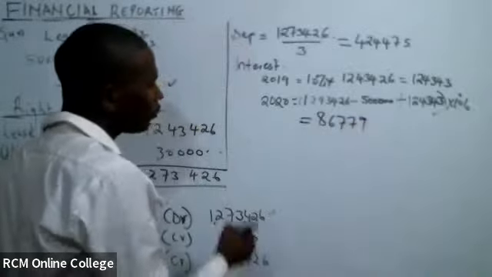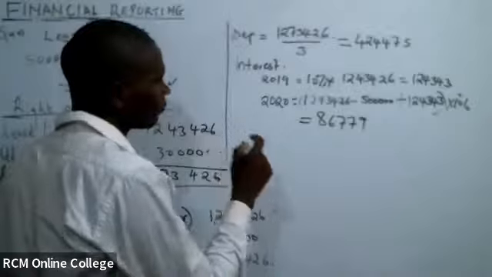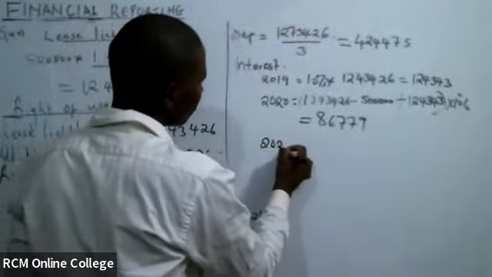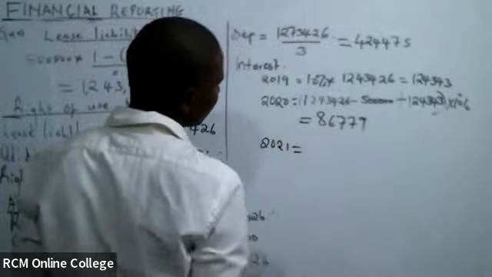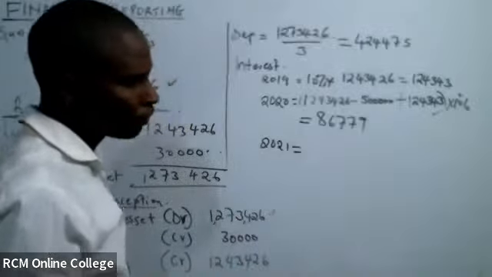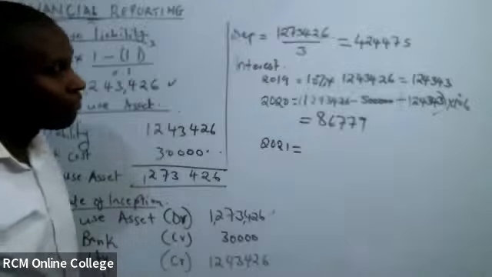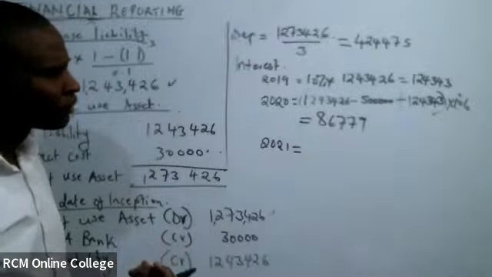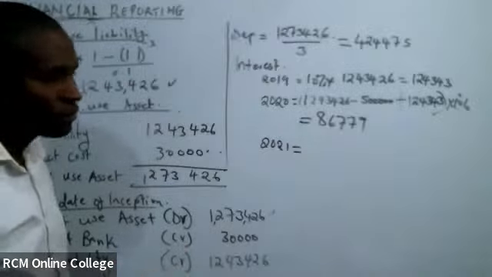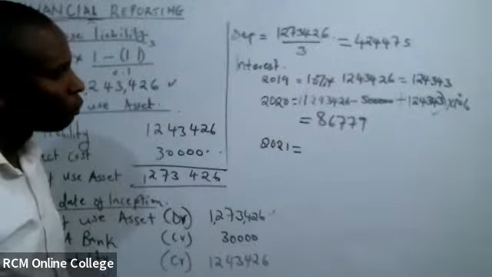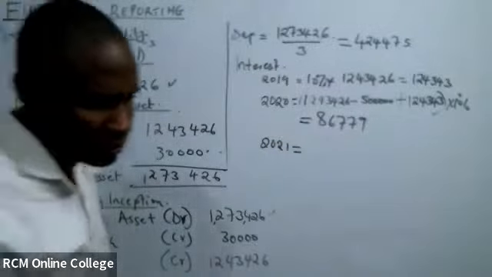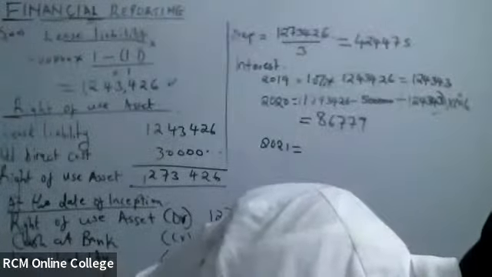Now we do the same to the year 2021. What do we have? We have 867,769. Oh, I have not captured that figure. Okay, we pick it here.